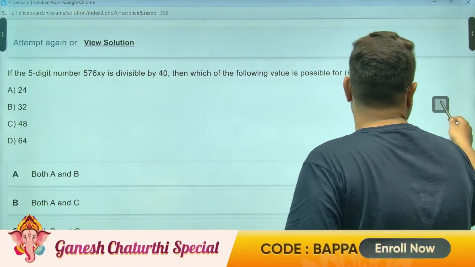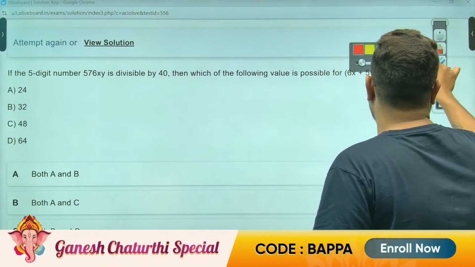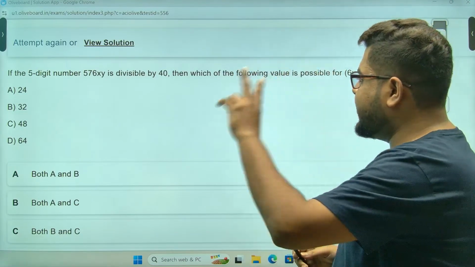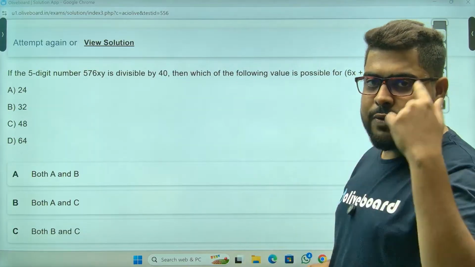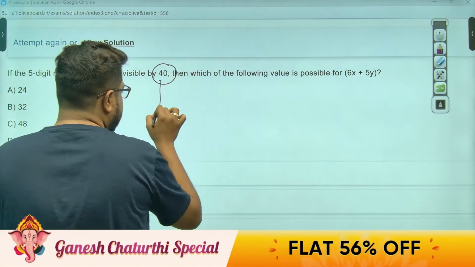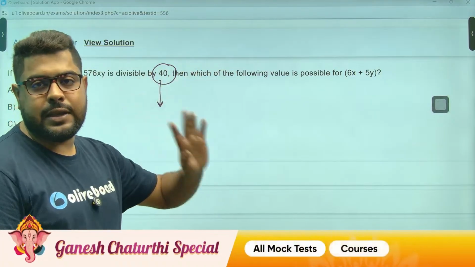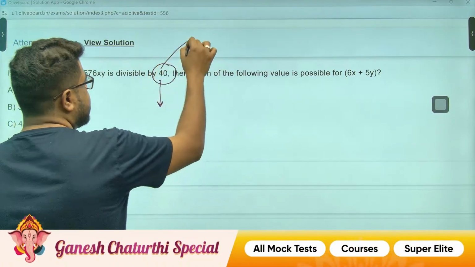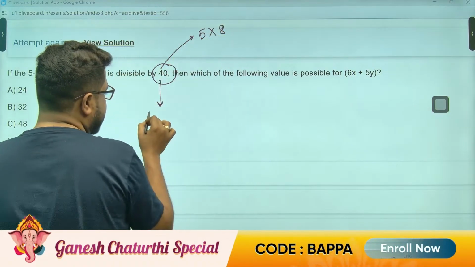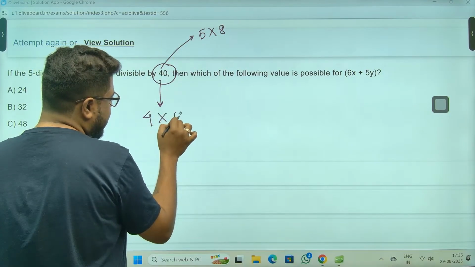Perfect. So divisible by 40. Look, this question, you can either do it in a very easy way or you can make it complicated. It all depends on how you look at 40. Somebody will say, sir, 40 means 5 into 8. Somebody will say 40 means 4 into 10.